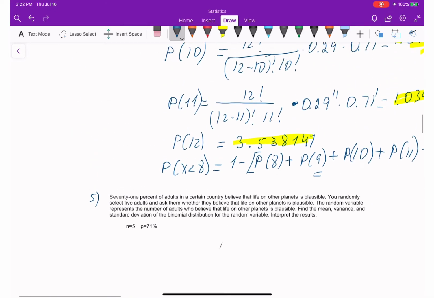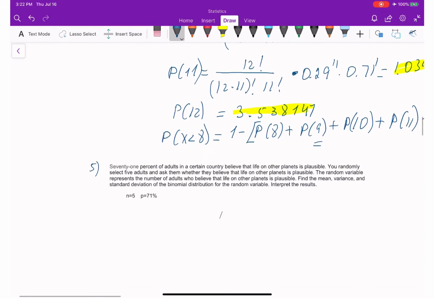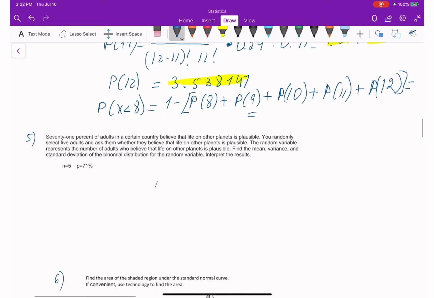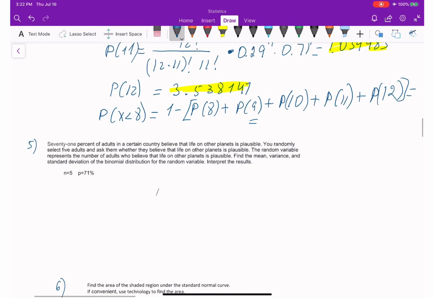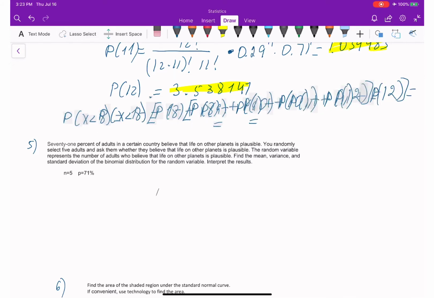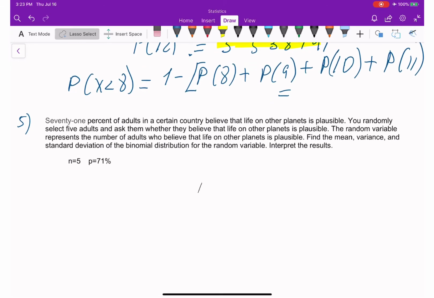Question number 5. This was number 4. Moving to question number 5. Let me move this one a little bit here. So, question number 5, what do we have here? 71% of adults in a certain country believe that life on another planet is plausible.